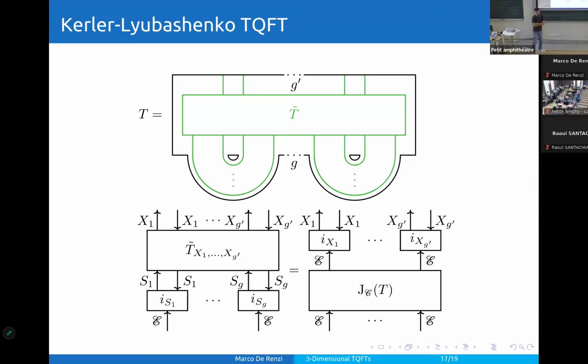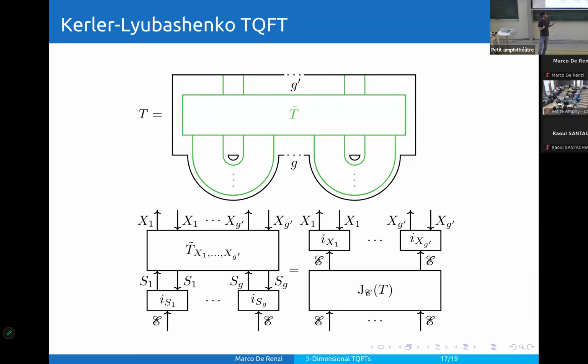More questions? Is there a specific reason why you prefer ends with respect to coends? No, it's just a matter of conventions. If you prefer coends, instead of choosing handlebodies with handles on the bottom, you can choose handlebodies with handles on the top and draw bottom tangles instead of top tangles.